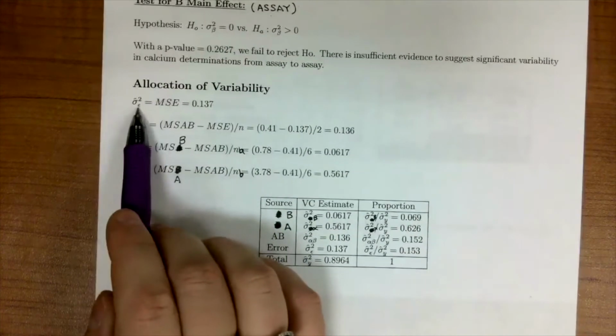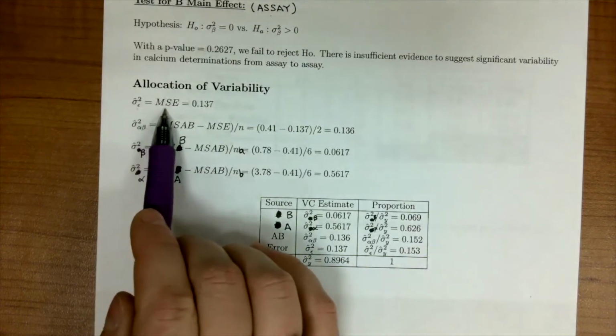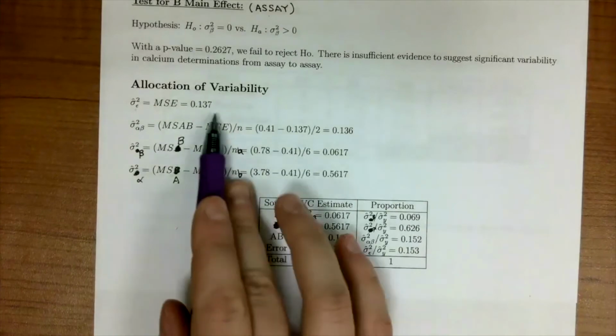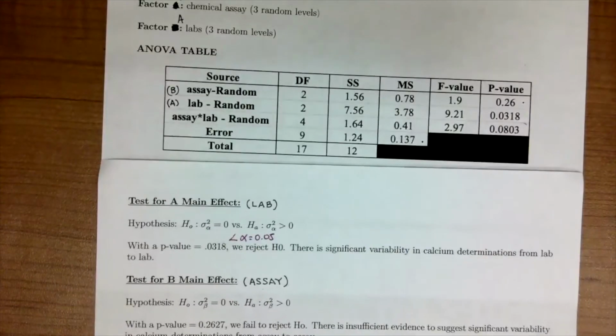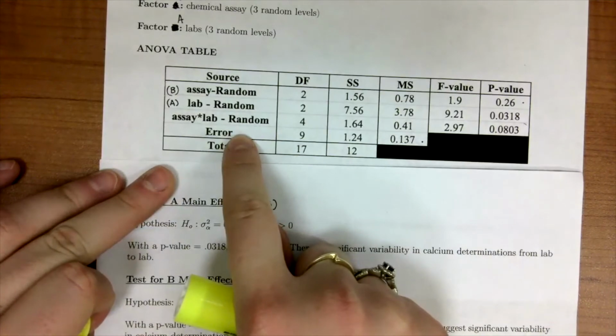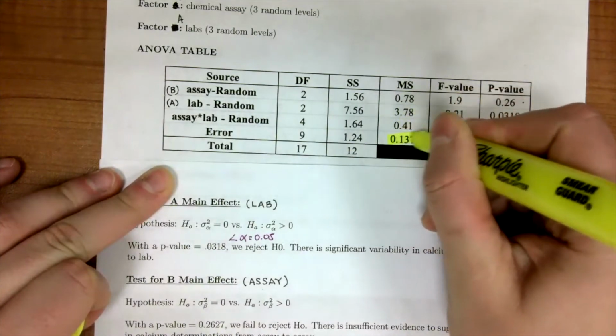Here we have our variance of our epsilon, so the background noise, which is just from our MSE, which is 0.375. We got this number by going to our source of error. For my R users, it's normally residuals, and we just pulled this number off right here.